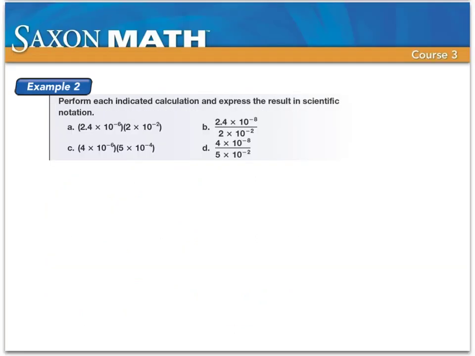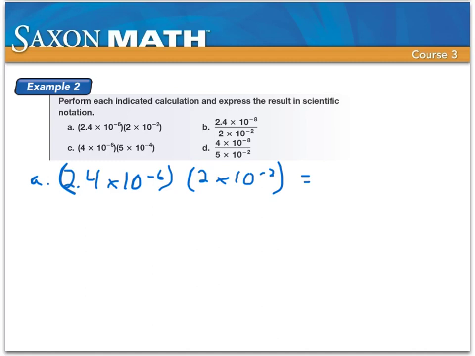So, example 2 here. We're going to perform part A in scientific notation. So we had 2.4 times 10 to the -6, and we're going to multiply that by 2 times 10 to the -2nd. Both numbers are already in scientific notation.